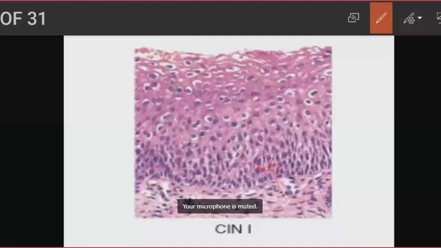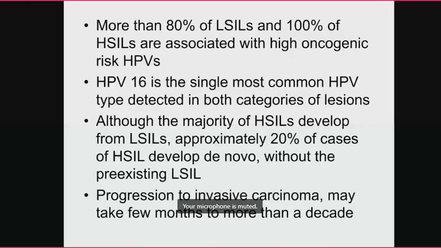That's why it is called intraepithelial neoplasia. So when the whole of the epithelium is involved, it is called CIN3, or high grade SIL. So this high grade has a very high chance that it can change into malignancy.